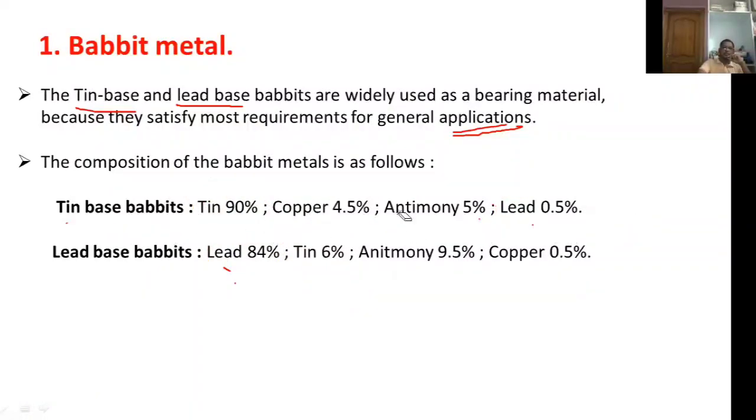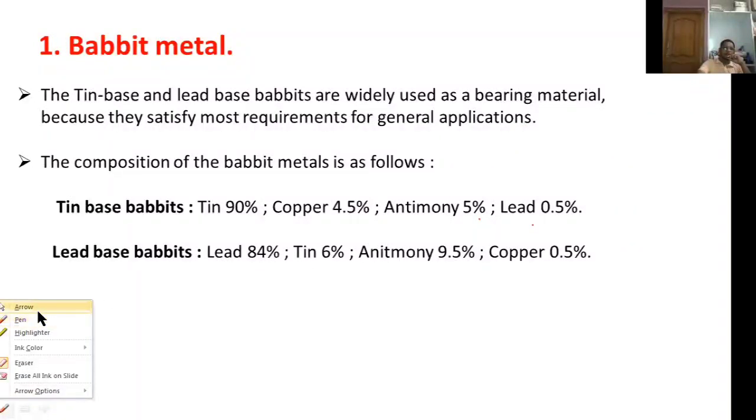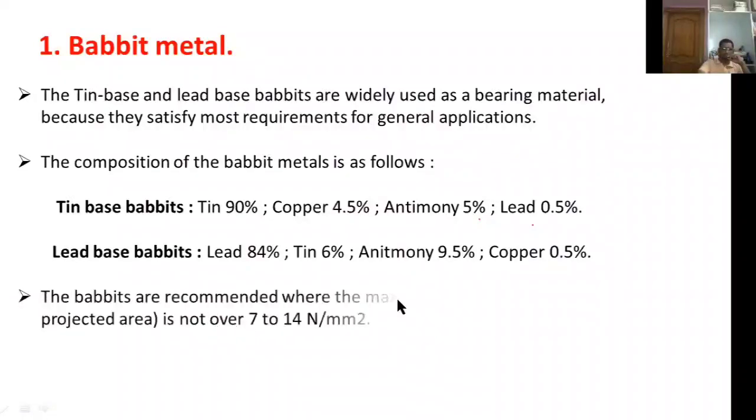Now I am erasing all. Now the babbitts are recommended where the maximum bearing pressure is not over 7 megapascal to 14 megapascal.